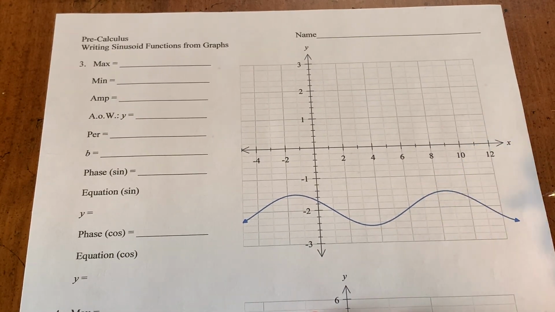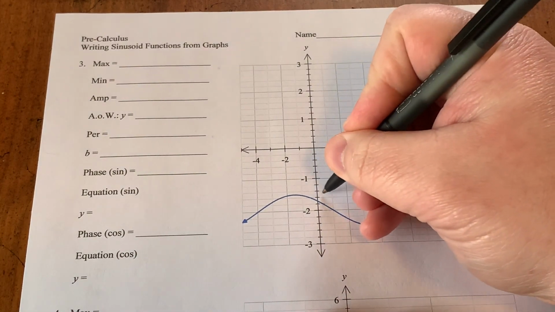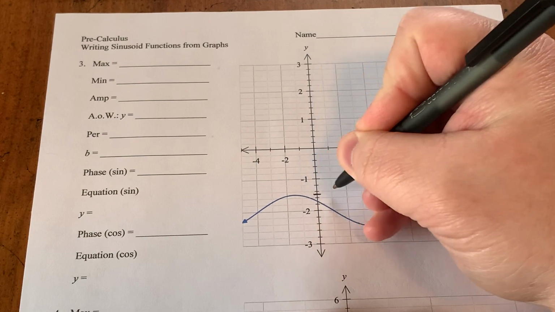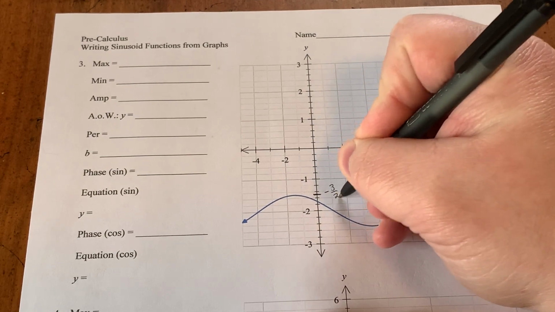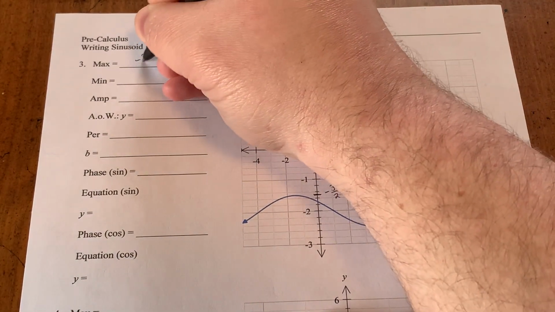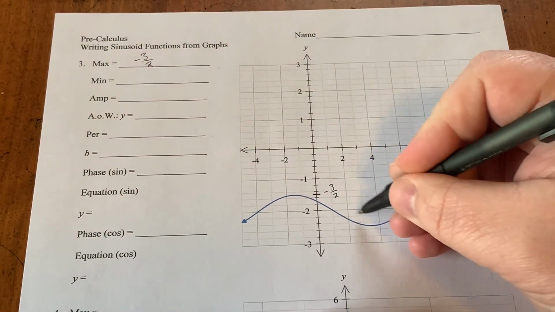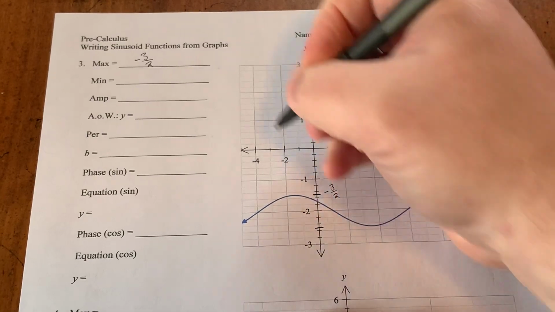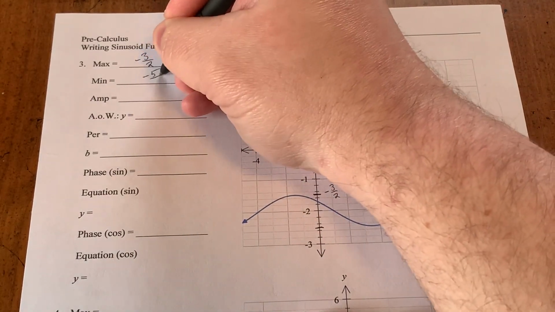So, this one, our maximums, it's halfway between 1 and -2, so -3/2. And our minimums are halfway between -2 and -3, so that's -5/2.